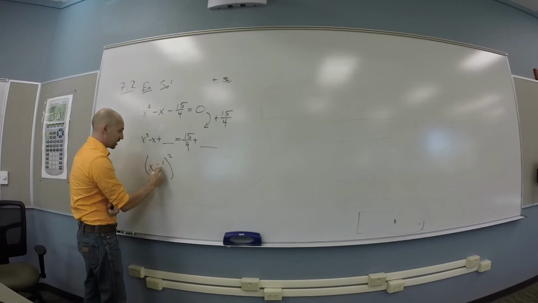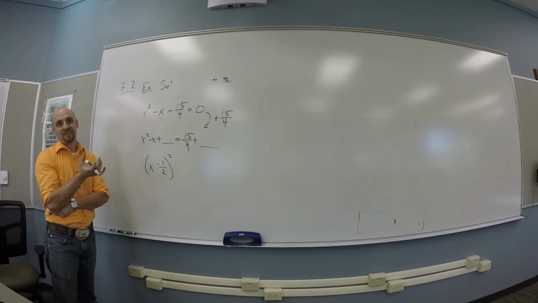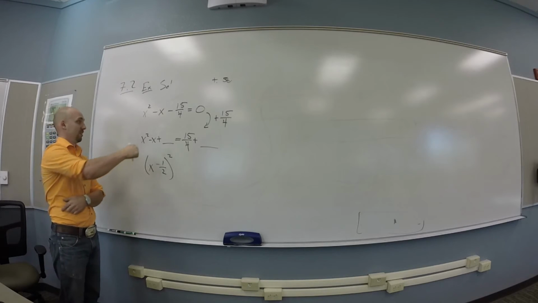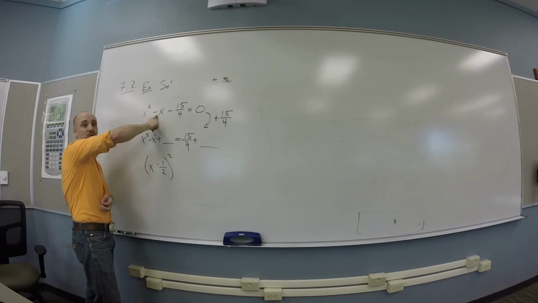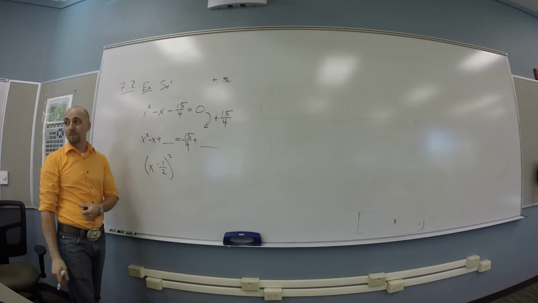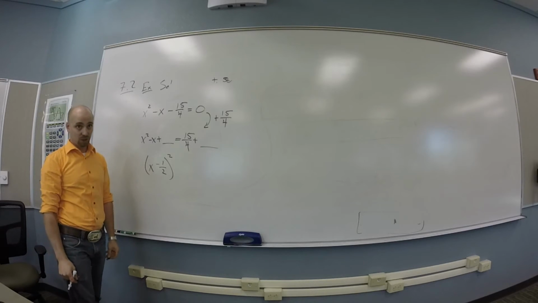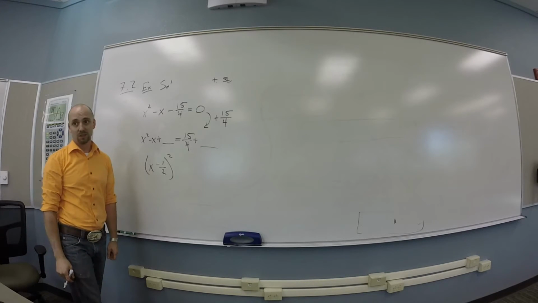Yeah, it's got to be a fraction. So what am I learning? That when the b term isn't divisible by 2, my technique is going to be messier. I would actually advise against using completing the square for these.